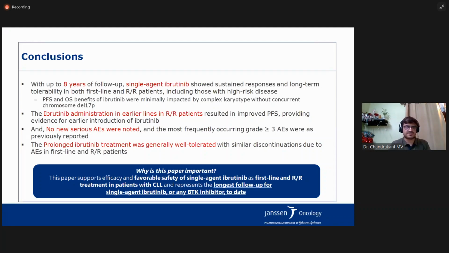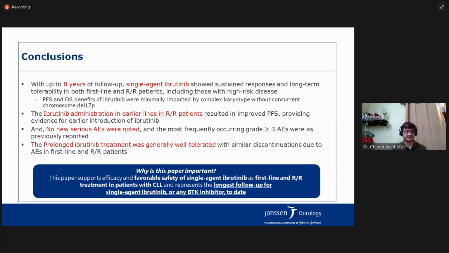The ibrutinib administration in earlier lines in relapse refractory resulted in improved PFS, providing evidence for earlier introduction of ibrutinib, and there were no serious adverse events, and the most frequent grade 3 were as per the previous reports, and the prolonged ibrutinib treatment was generally well tolerated with similar discontinuations due to adverse events in both first and subsequent line.